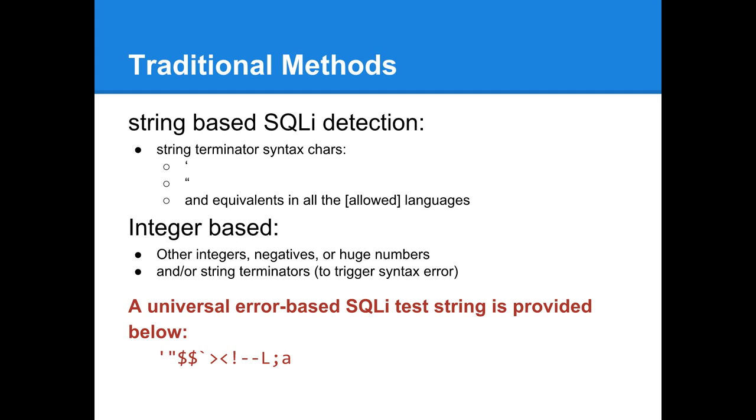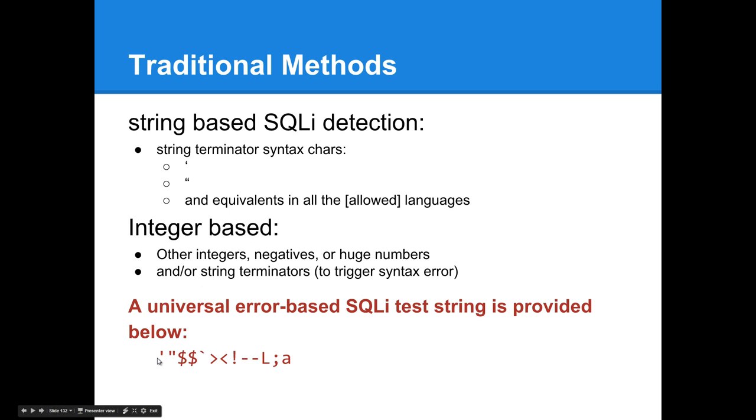They have different ASCII codes or Unicode codes, and it will depend on your character encoding on the web server. The other category that's most commonly checked for is integer based, and again, string terminator injection here attempts to cause a syntax error by injecting string content, or a delimiter, into what is just a numerical value.